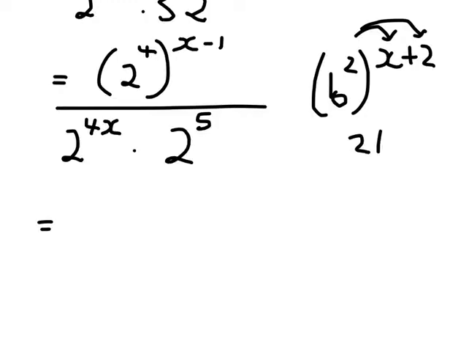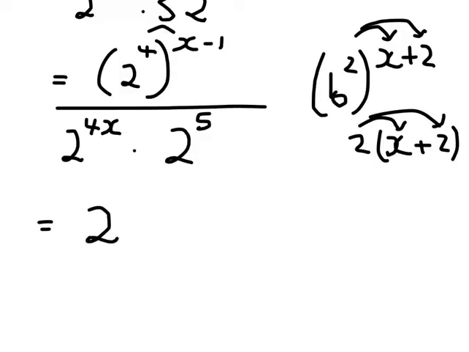So you will definitely have that times that, that times that. That's what I'm going to do there, where I'm having the base of 2, and then that 4 multiplies that, it also multiplies that. That's why I end up having 4x, where I minus 4, because 4 times 1 is 4.